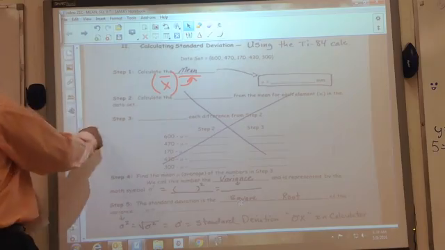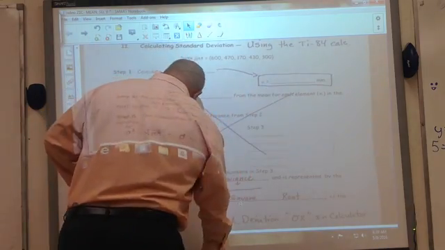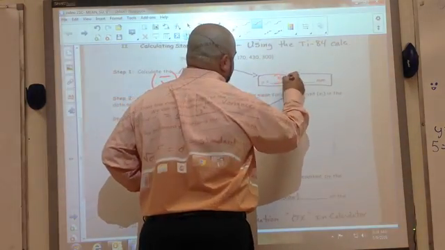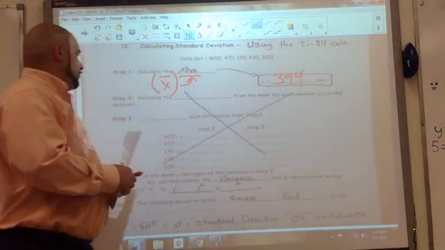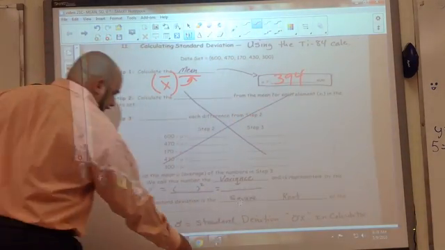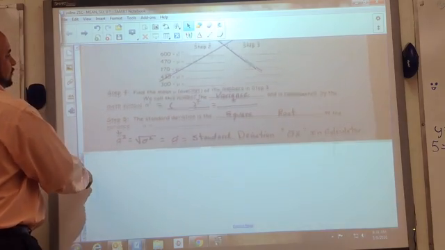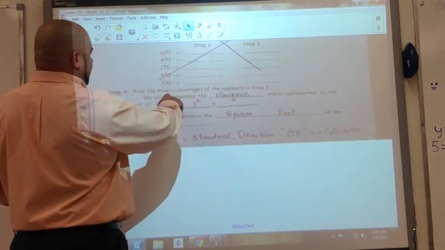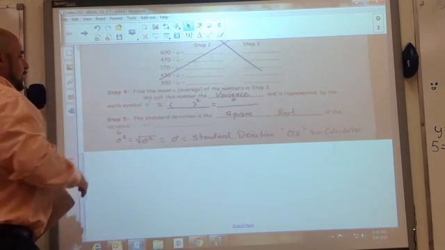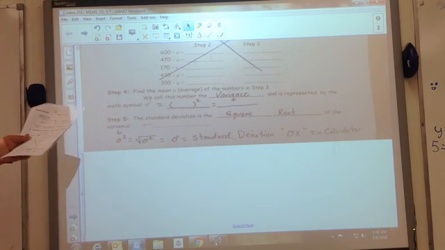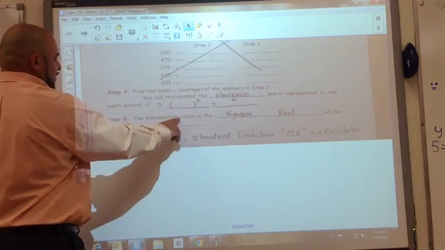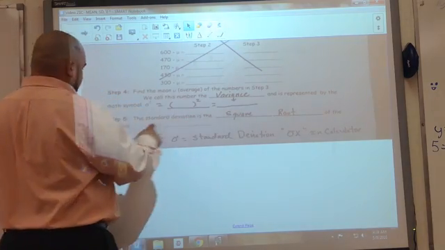So on your paper, here where it says the mean, we're going to type in 394. You write in 394. Then we're going to scroll down. It says find the mean. We did that. Another thing they have here is the standard deviation, which is the square root of the variance.